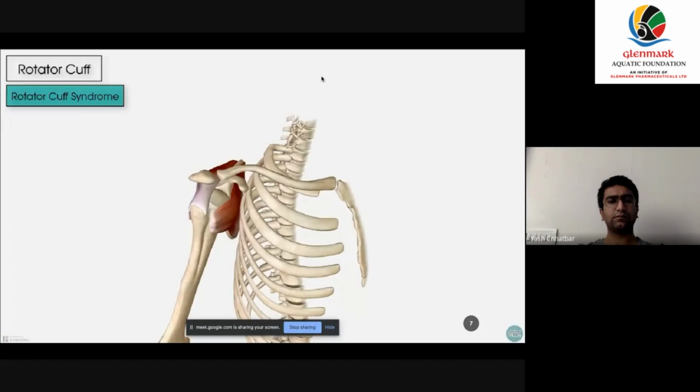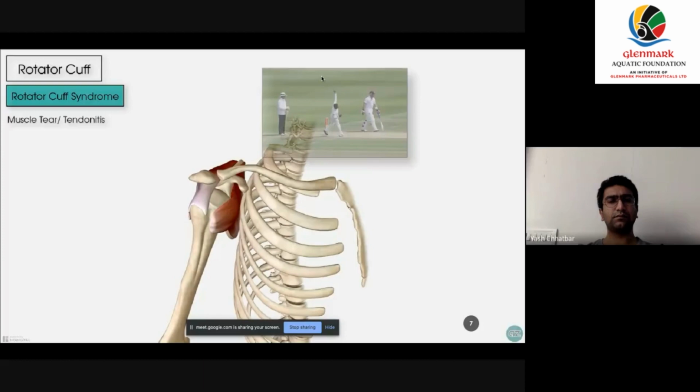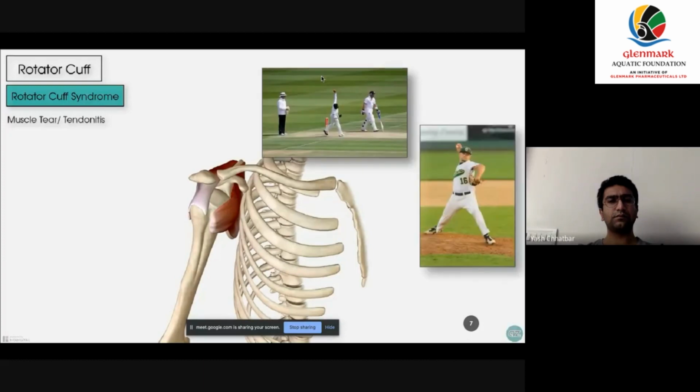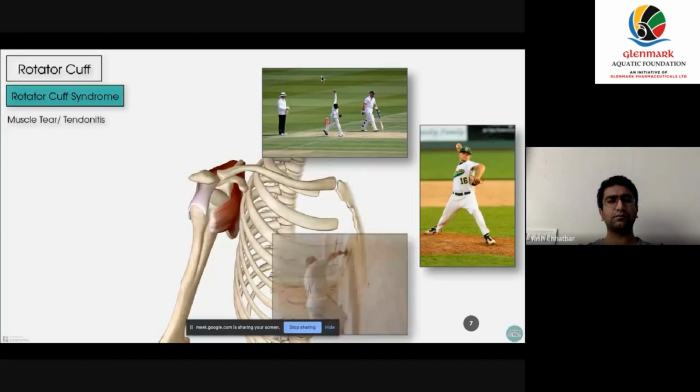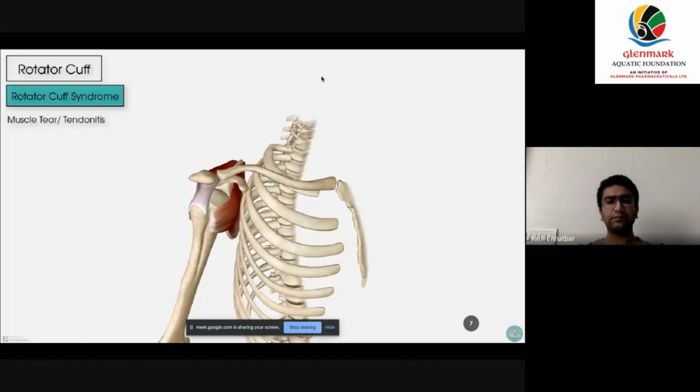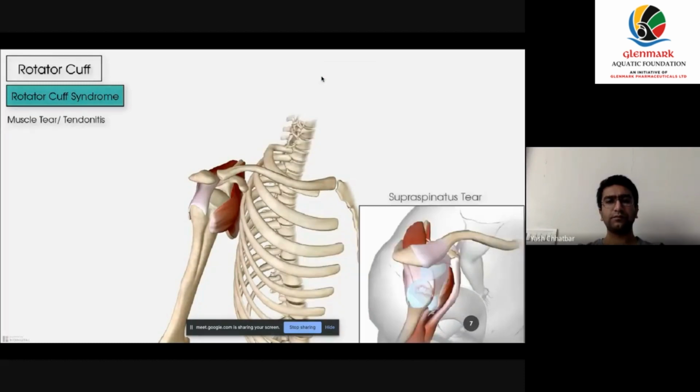Sometimes this might be an acute strain or tear of the rotator cuff, tendonitis, which is common in younger athletes. So in sports which require repetitive overhead movements like bowling in cricket or pitching in baseball, certain occupations like painting and decorating, where there's a lot of overhead arm use, can also predispose to tears of the rotator cuff, the commonest of which would be a supraspinatus tear.